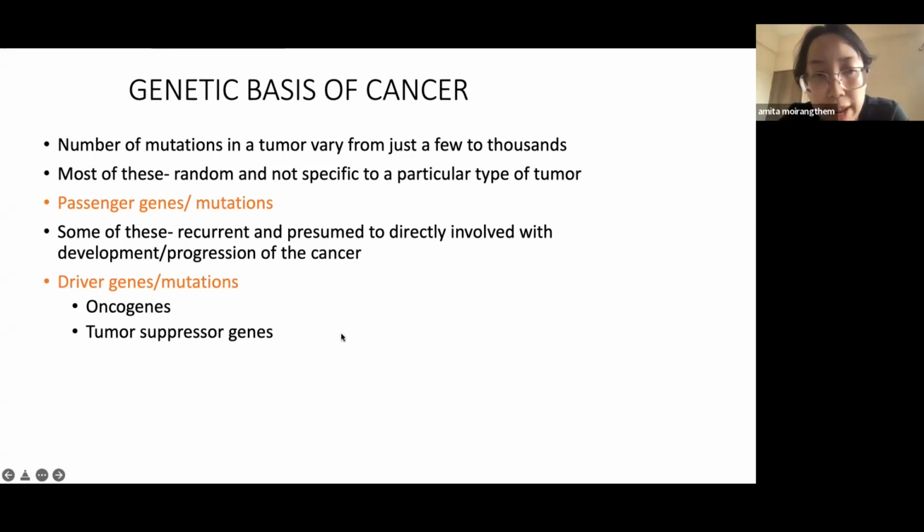So these are known as driver genes, and the mutations in these genes are driver mutations. So broadly and very simply, driver genes are proto-oncogenes and tumor suppressor genes. So this is, in very simplified terms, the fundamental concept of cancer development.